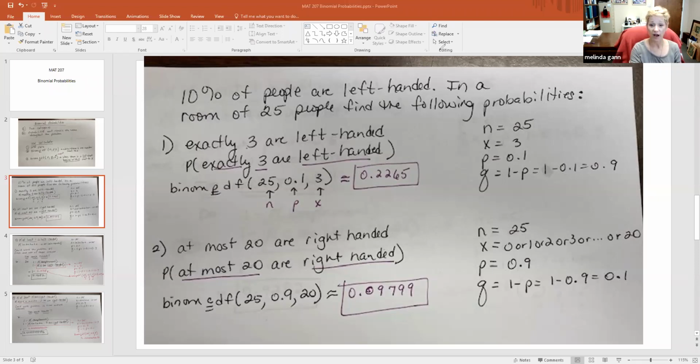Then I could start over and do binomial PDF and do it with 2. So now I've got 25 is my total, my P is 0.1, my X is 2, and get an answer. And then I could start using 3. So I could use this button on my machine 25 times and get 25 different answers.